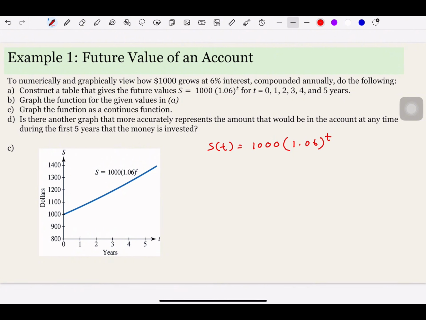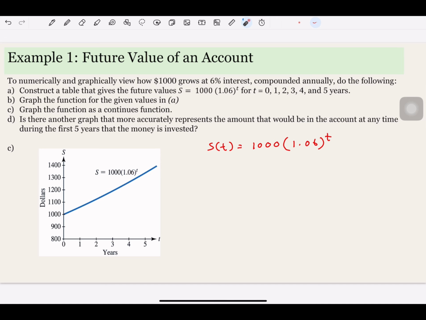A continuous function includes decimals like 0.5, 1.3, and so on, all the decimal values. So you sketch this graph for t values from 0 to 5, and then you'll get a graph like this.